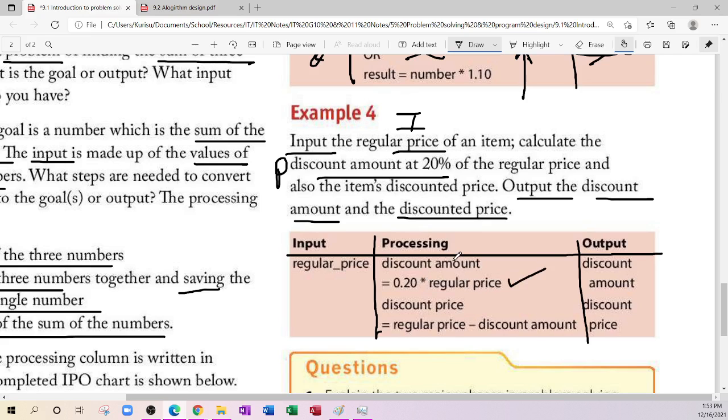So that's going to give us our discount amount. And the discount price is going to be regular price minus discount amount. So we have two outputs here, discount amount and discount price.